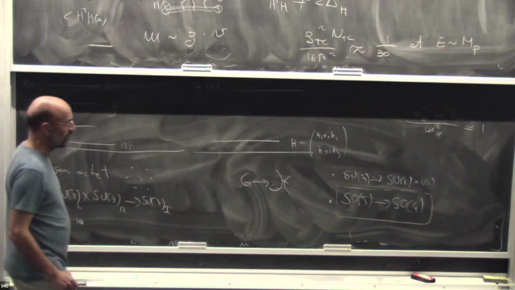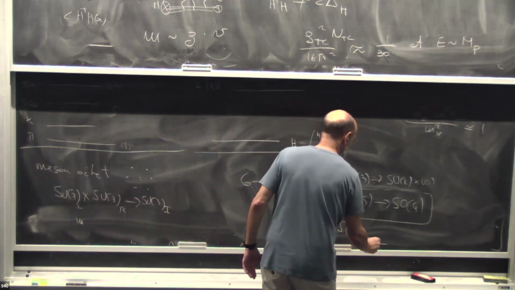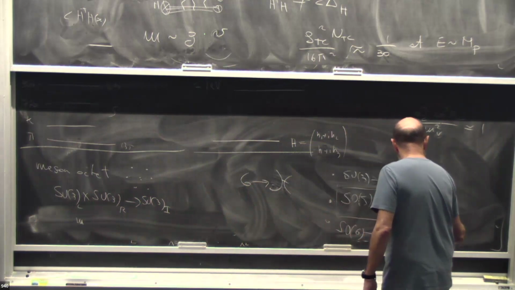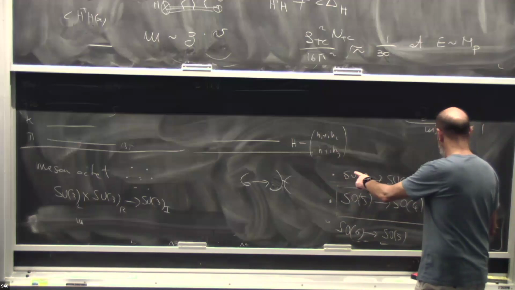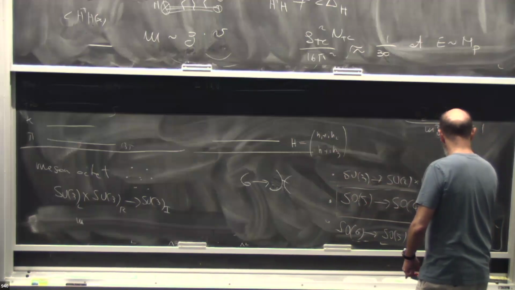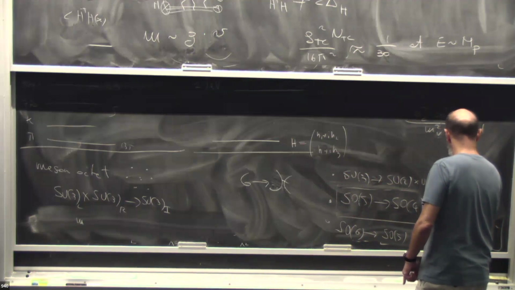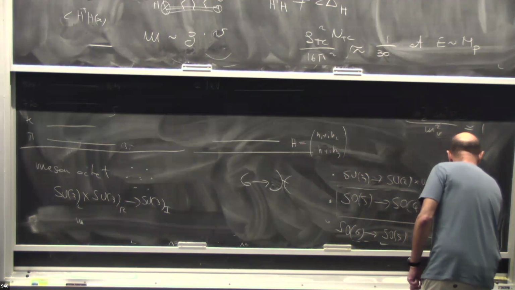And then there are more. You can imagine, for instance, SO6 to SO5. This would have 5 Goldstones: here there is a 2, here there is a 2, and here there is a 2 plus a singlet.